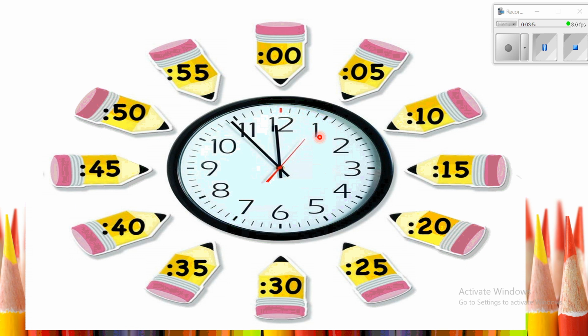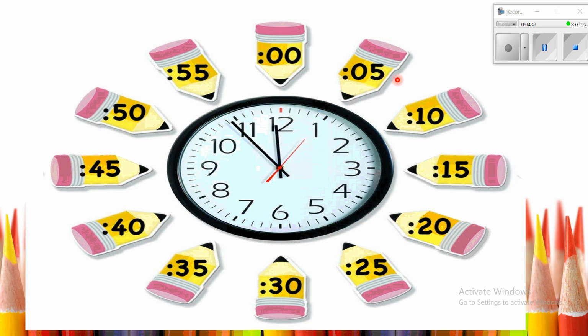For each number on the analog clock, we have a number of minutes. Behind 1, we have 5 minutes. Behind 2, 10. 3, 15 minutes. 4, 20. 5, 25. 6, 30. 7, 35. 8, 40. 9, 45. 10, 50. 11, 55. This is skipping by fives.